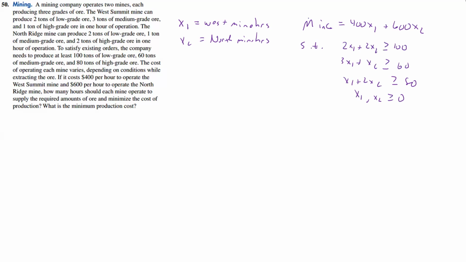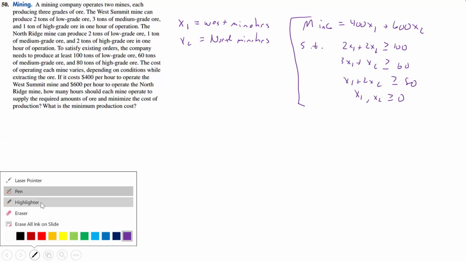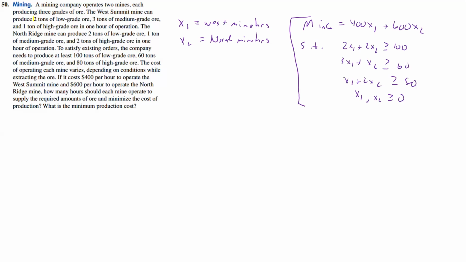Okay, so I think this is our original problem. We want to minimize the cost when it's $400 per hour times the number of hours of x1 plus $600 per hour times the number of hours of x2. And then we just have all those constraints, where West Summit can do 2 tons of low grade, 3 tons of medium grade, and 1 ton of high grade.